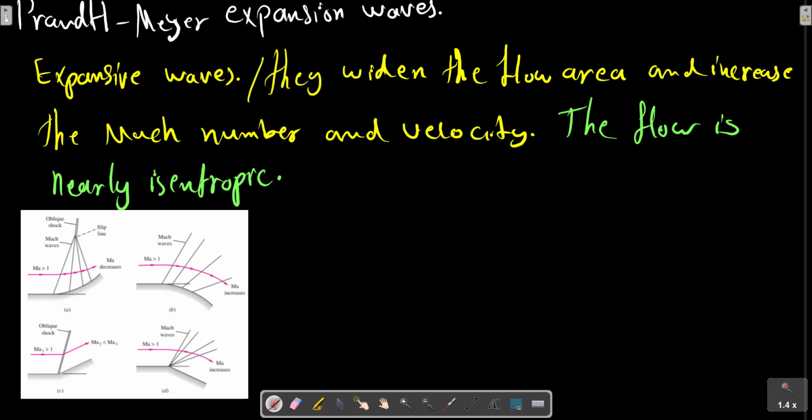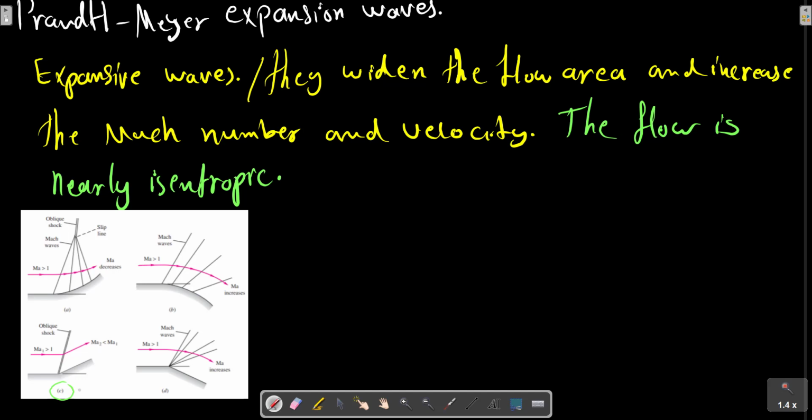This figure shows 4 examples of the Prandtl-Meyer expansion waves, one of which is shown in part C. Phase the test for gradual change.